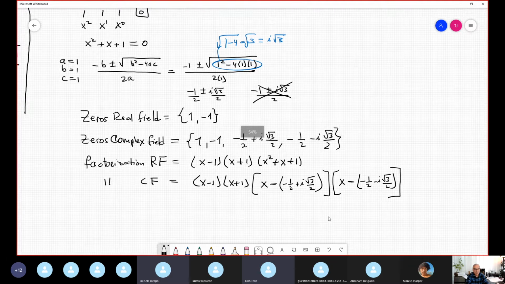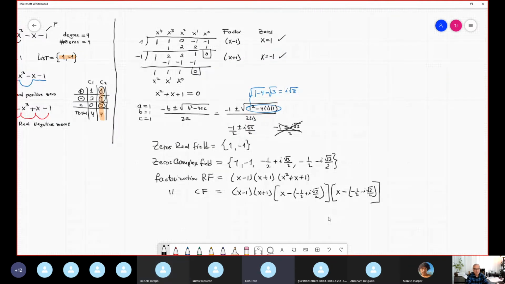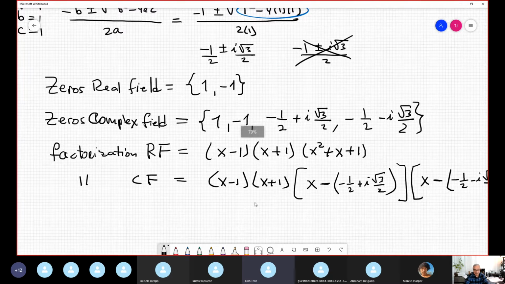What real negative zeros? No. Okay. Real is this. This is real, and this is real. And this is not real, imaginary or complex. Yeah, but because we only have negative 1, are we supposed to have 3 real negative zeros?